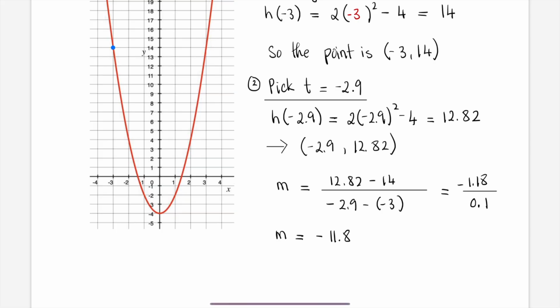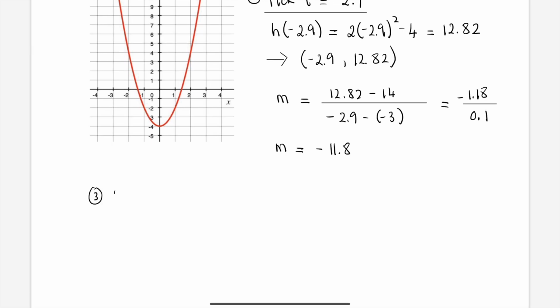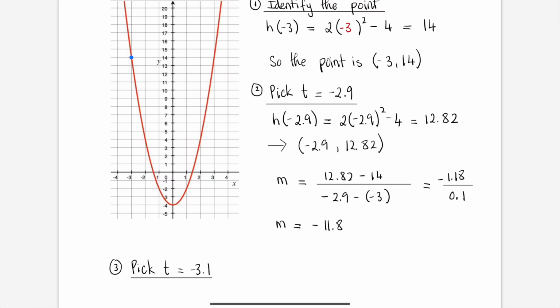Then I pick a value that's slightly less than negative 3, which is negative 3.1. The input is negative 3.1. To find the output, I substitute negative 3.1 in for t to find h of negative 3.1.